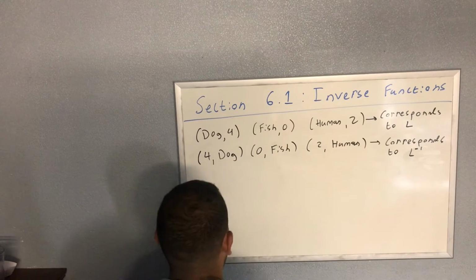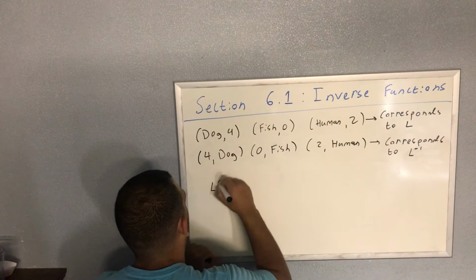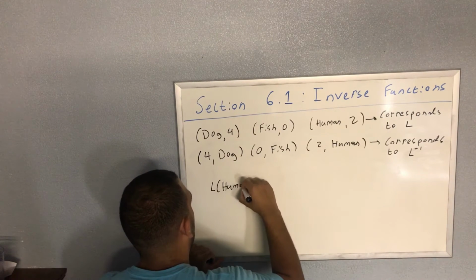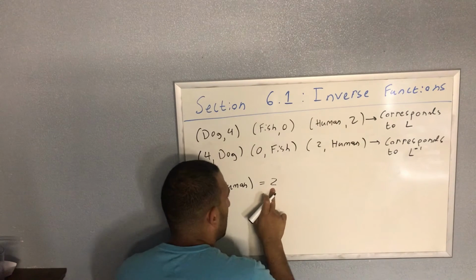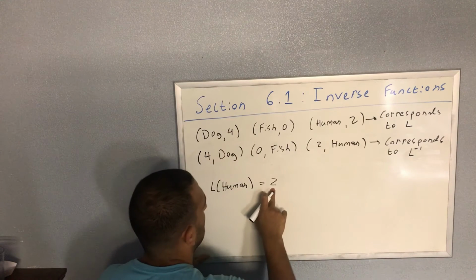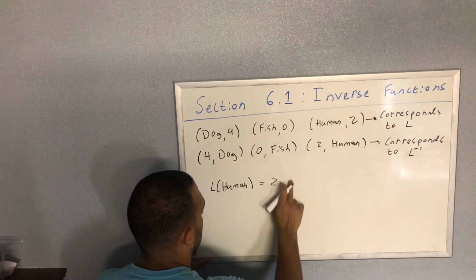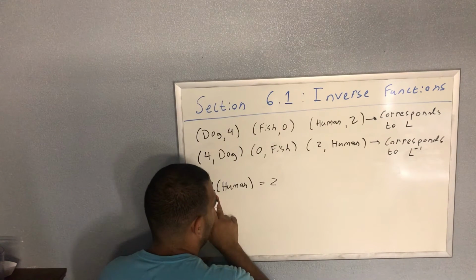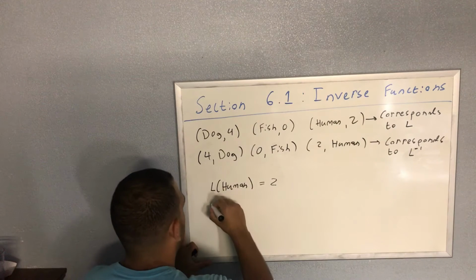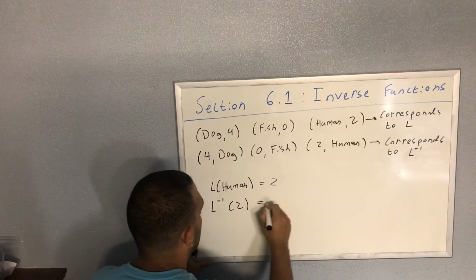What happens if I take, for example, L of human? That's going to be equal to 2. Now, let me stick this into L inverse, right? Because this is a number in the range of L, so it's going to be in the domain of L inverse. So then if I take L inverse of 2, which is allowed, I get human back.